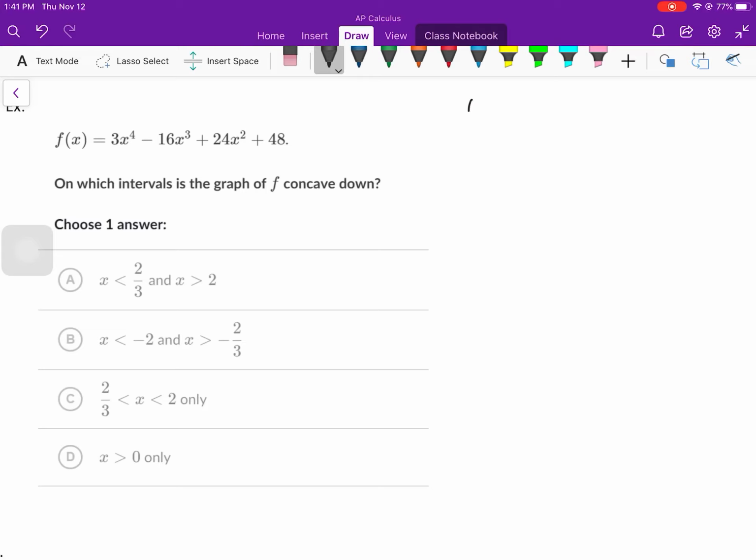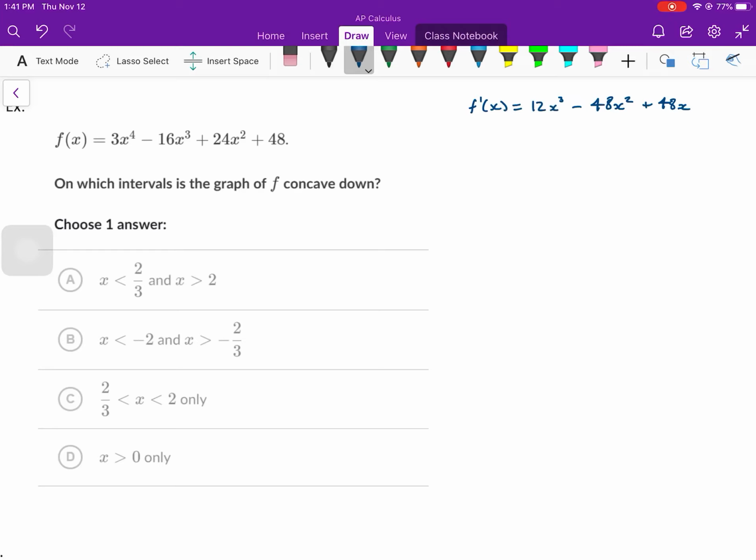So f prime of x is 12x cubed minus 48x squared plus 48x. Want to double check that. 3 times 16 is 30 plus 18, so that would be 48.